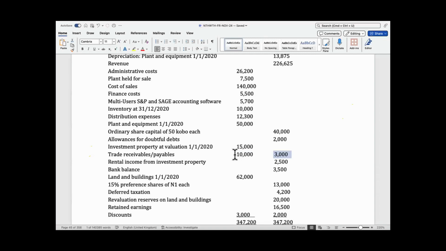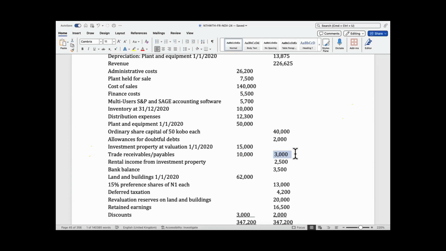So trade receivables is always on the debit. In fact, assets are always on the debit. And trade receivable, don't forget, is a current asset. We learned it shortly ago. The one on the credit is payables. Liabilities are always on the credit. So for those of you that are getting used to debit and credit, please pay attention.